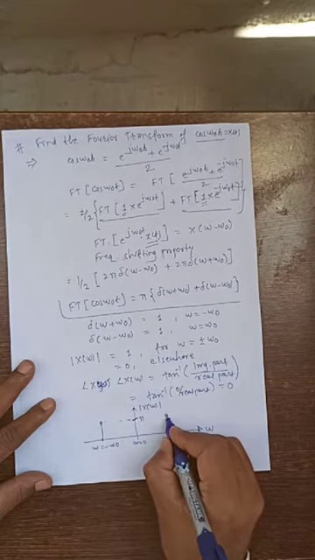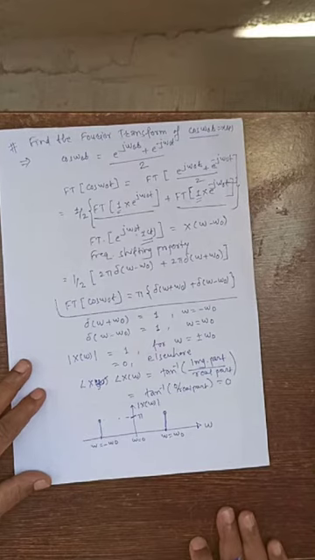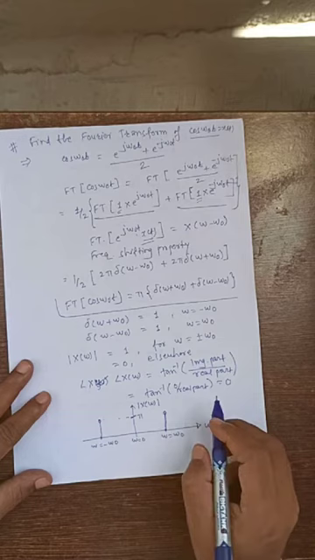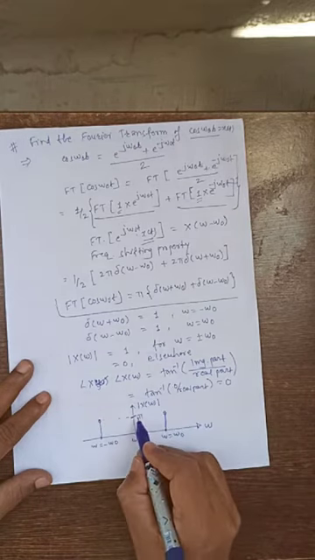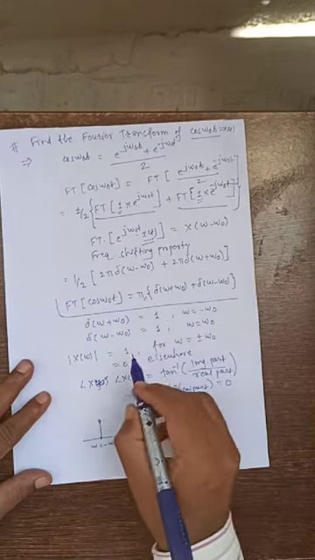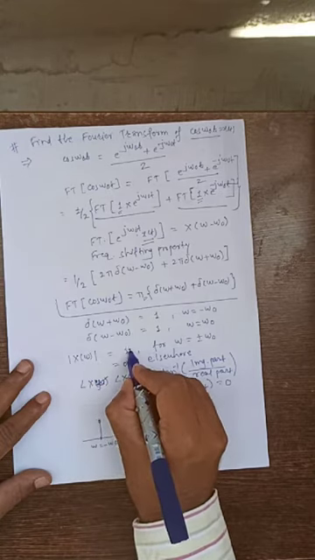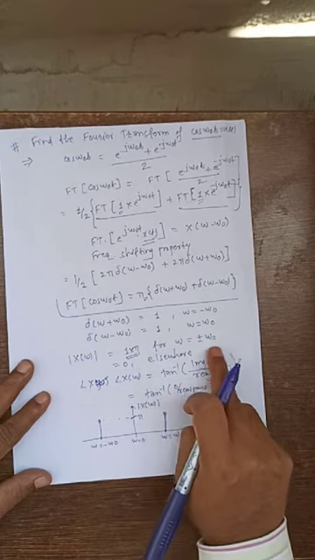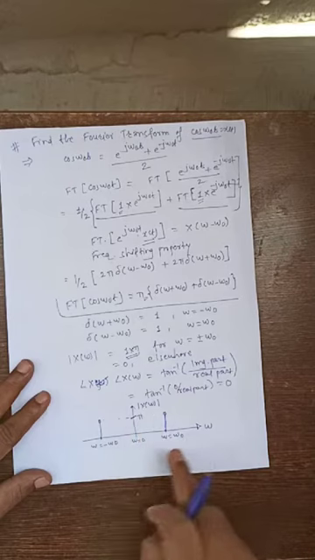So this is the magnitude spectrum of cos omega naught t. The magnitude of X of omega is 1 multiplied by pi, so it is pi for omega equal to plus or minus omega naught, because pi is the weight actually.